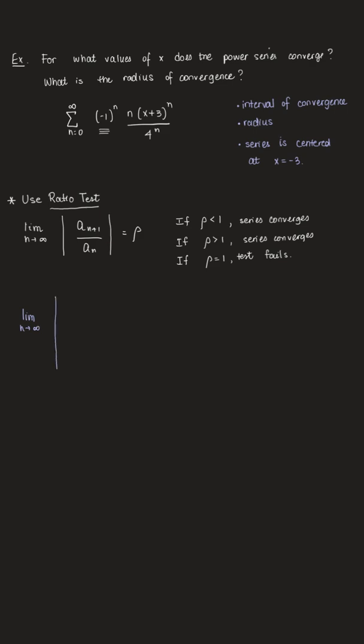Absolute value, the n plus first term, I'm going to obtain by plugging in n plus 1 in place of n into our nth term. So that means we're going to have an n plus 1 in place of n, then x plus 3 to the power of n plus 1, divided by 4 to the power of n plus 1.